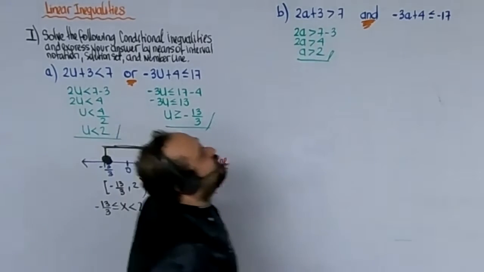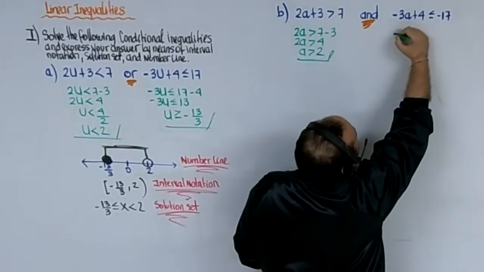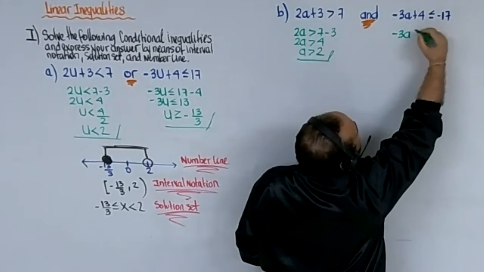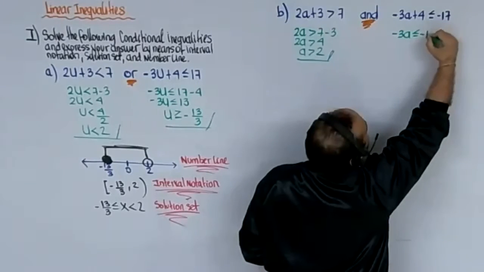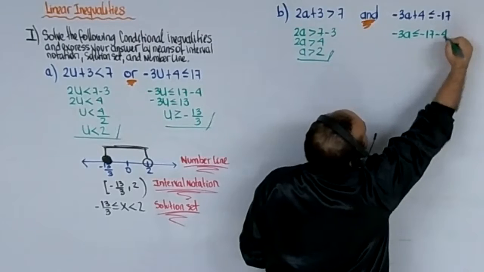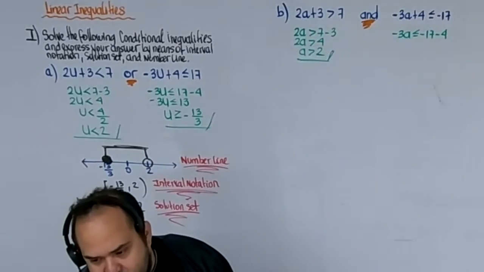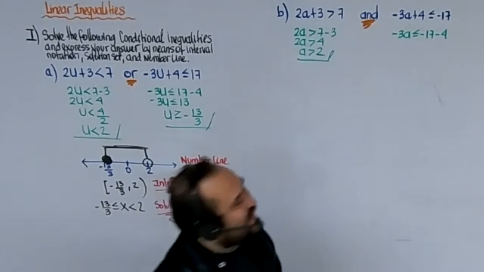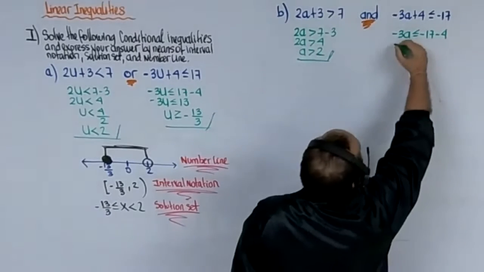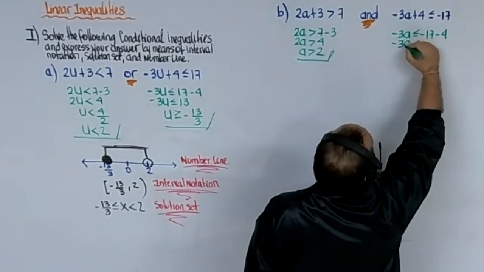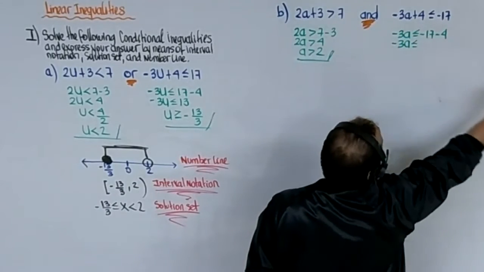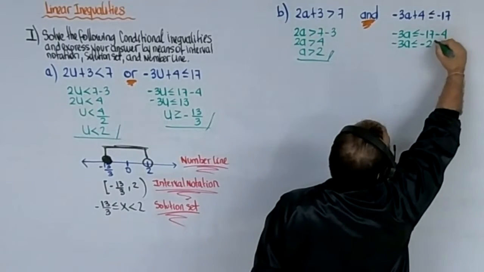On the other hand, negative 3a less than or equal to negative 17 minus 4. Negative 17 minus 4 will be negative 21. Negative 3a less than or equal to negative 21.